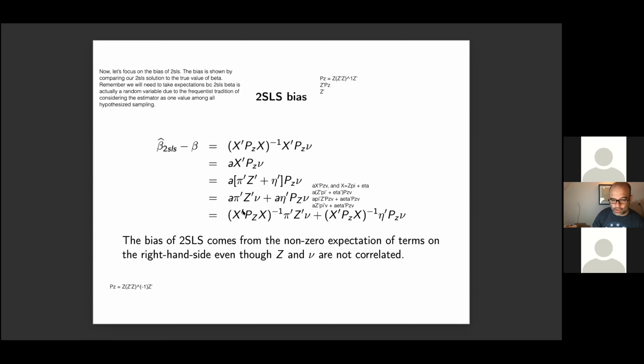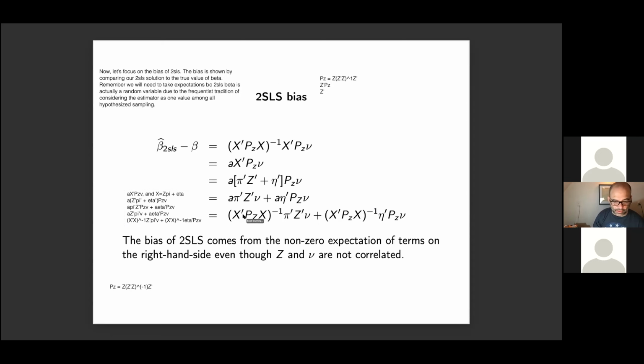Now I'm just going to plug the true value of A back in. So we're going to get (X prime X) inverse Z prime pi prime V plus (X prime X) inverse eta prime PZV.